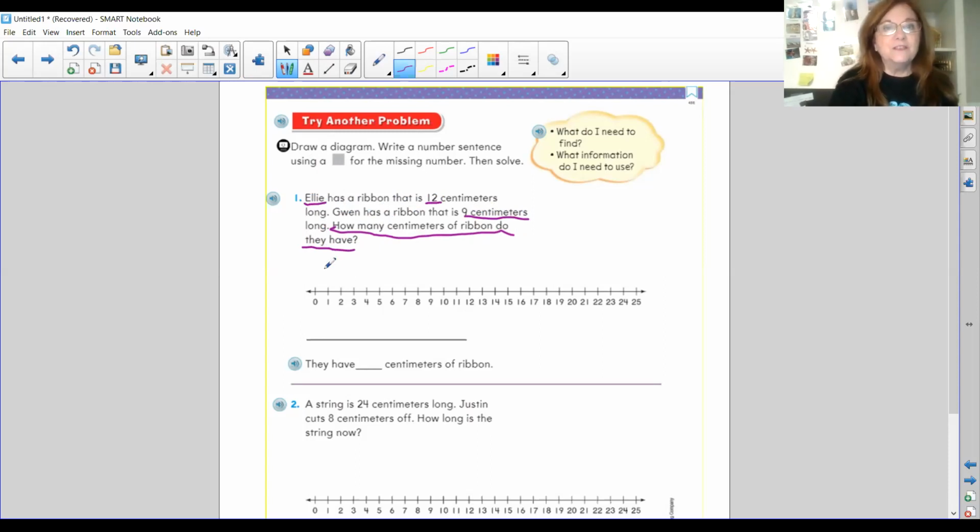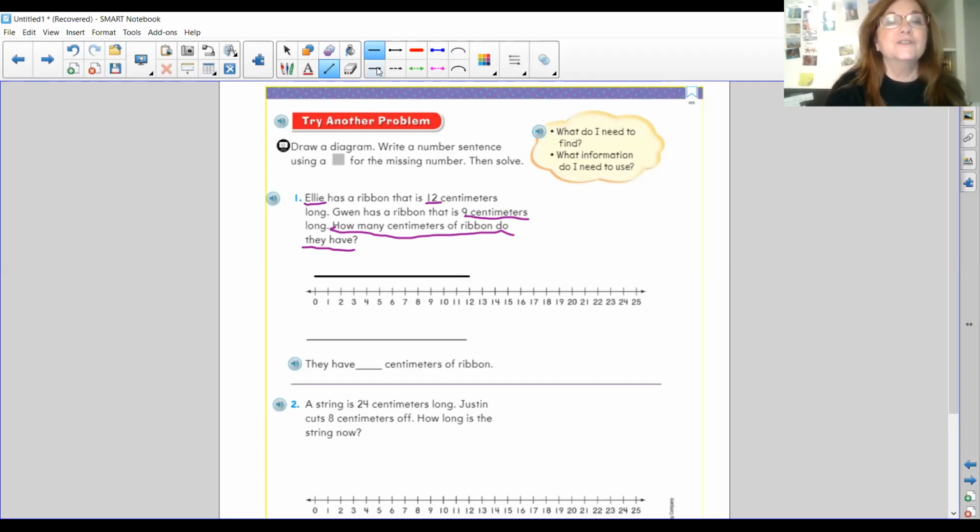So what we want to do is, maybe I can get a line from up here. Okay, what we want to do is start out with 12 centimeters. So we start right at the 0 and we draw all the way to 12. Okay, so that's 12. And we could actually draw an arrow right there because we're going that way.